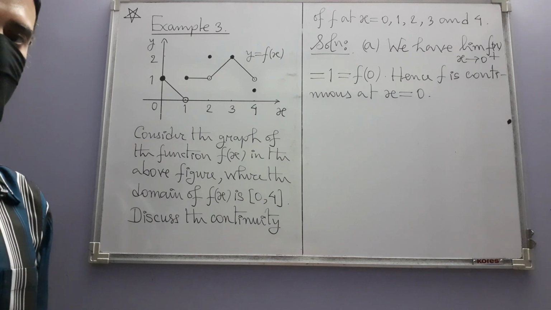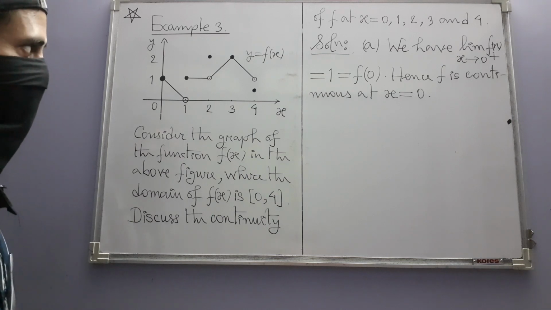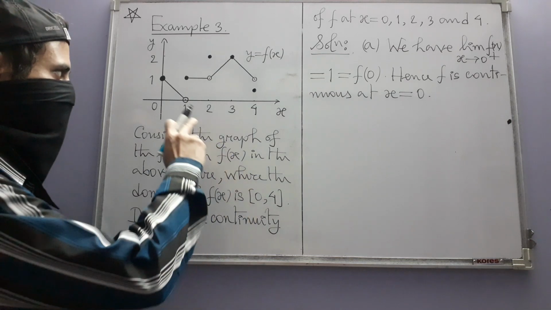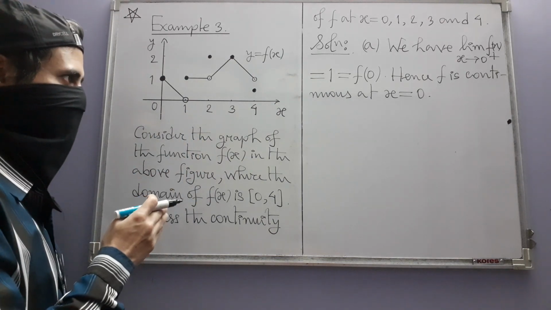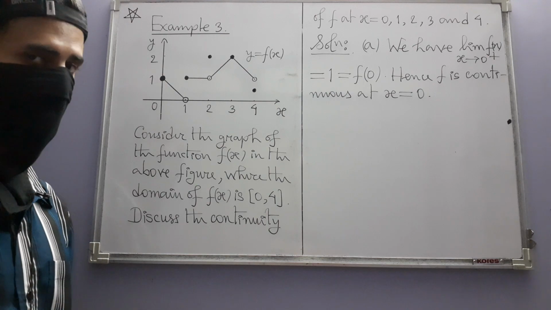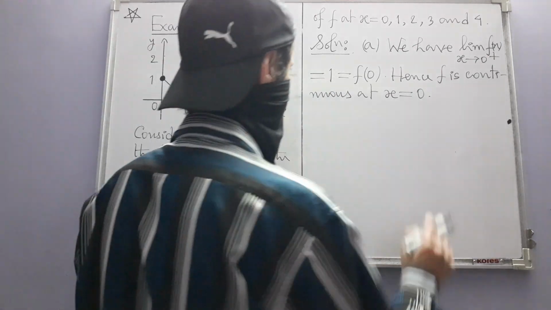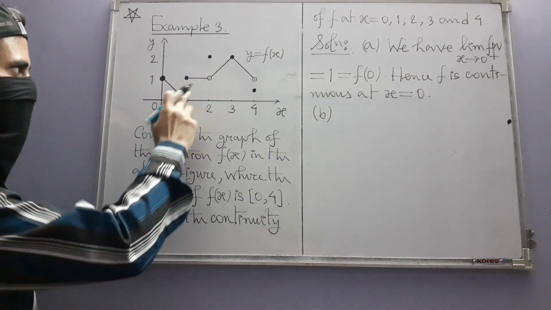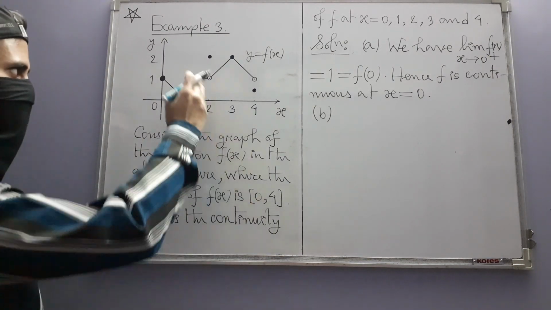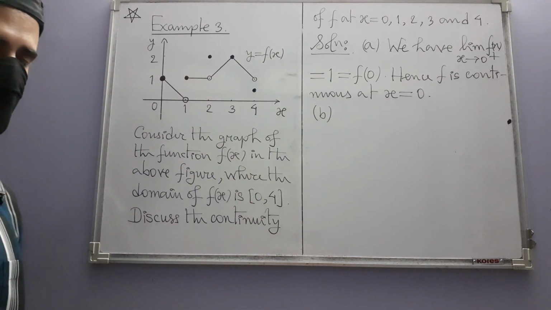Next comes the point 1. I mean, just by looking at the graph, you can see whether it is continuous or not. The graph should not be broken at that point and around that point. But at 1 it is broken, not from the right side but from the left side.